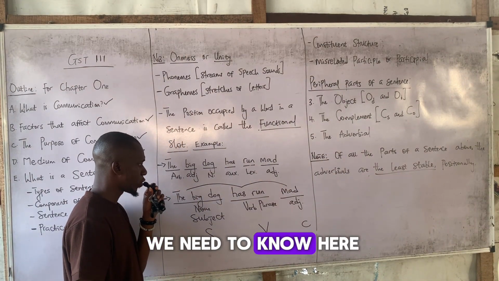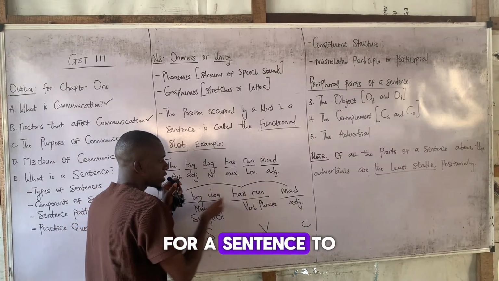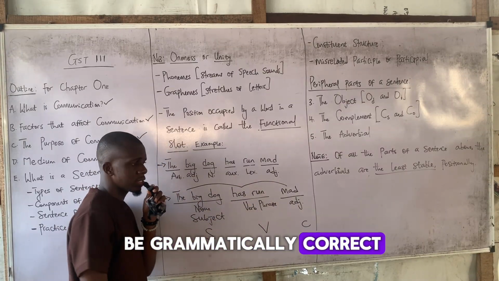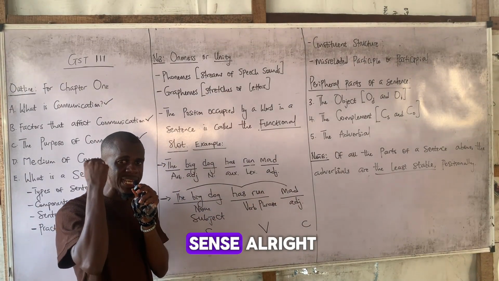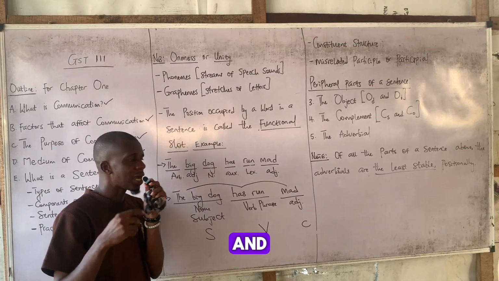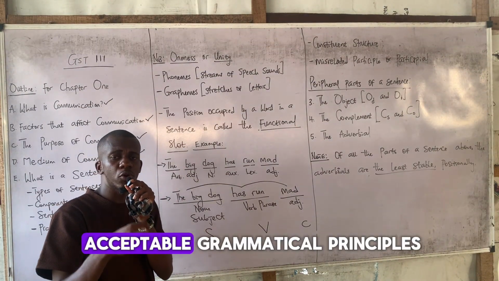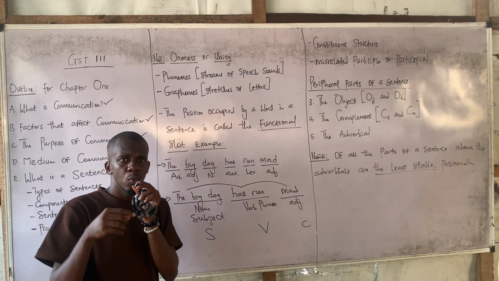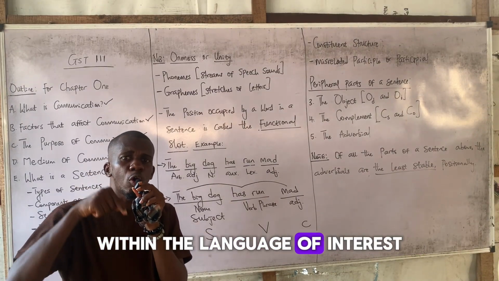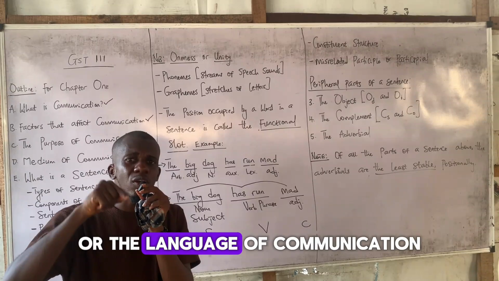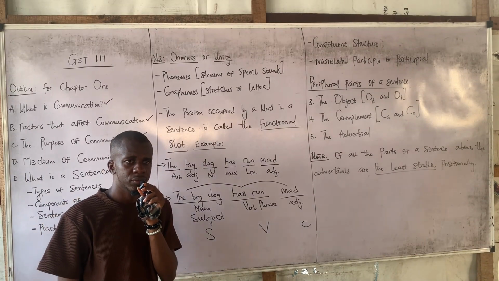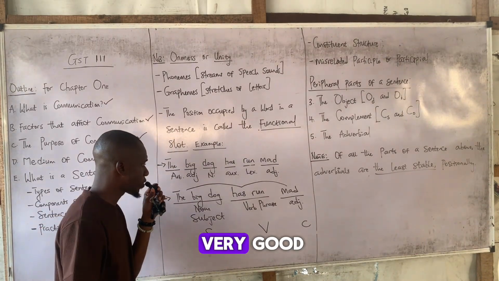What else do we need to know here? For a sentence to be grammatically correct, it must make sense. And it must subscribe to acceptable grammatical principles within the language of interest or the language of communication. Are you there now? Very good.